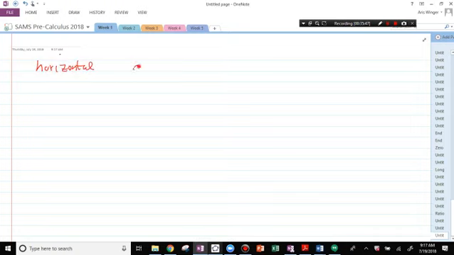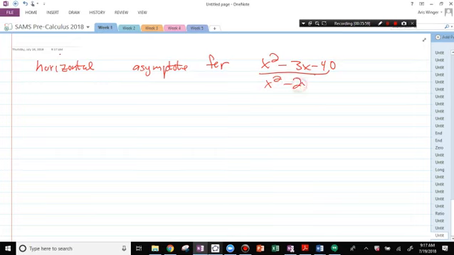Horizontal asymptote for x squared minus 3x minus 40 over x squared minus 2x minus 8. Right, so I'm going to make a couple of remarks first. We looked at 1 over x yesterday, right?